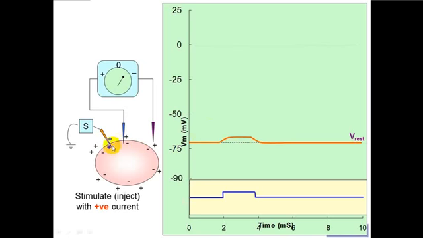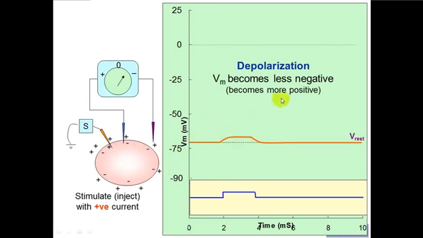It is a reduction in the polarization of the membrane, and therefore we call this kind of response a depolarization response. The membrane potential becoming less negative, depolarization. And a stimulus which results in such depolarization, which is essentially addition of positive charges into the cell, is referred to as a depolarizing stimulus.